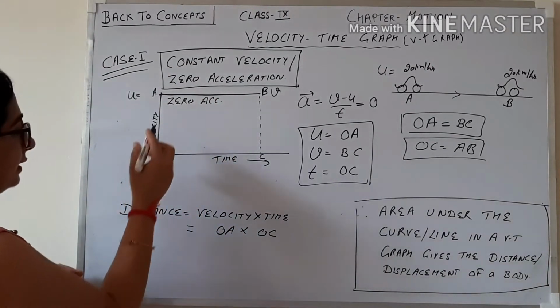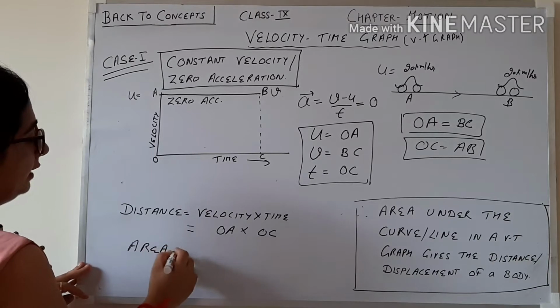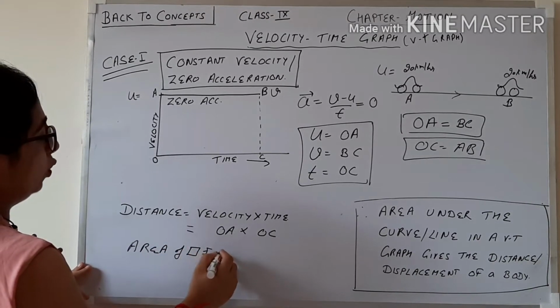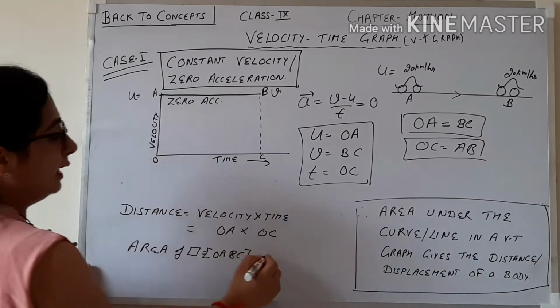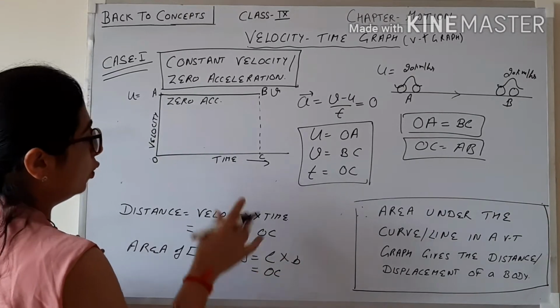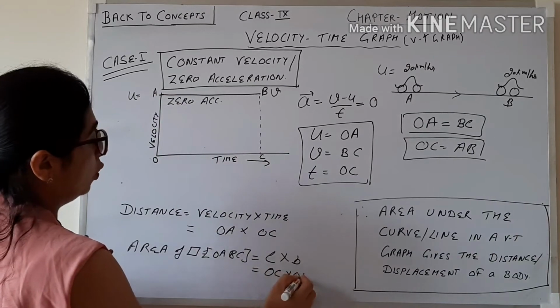So what is the area of the graph? Area of this rectangle, OABC, is equal to length multiplied by breadth. What is the length? That is equal to OC. And what is the breadth? That is equal to OA.